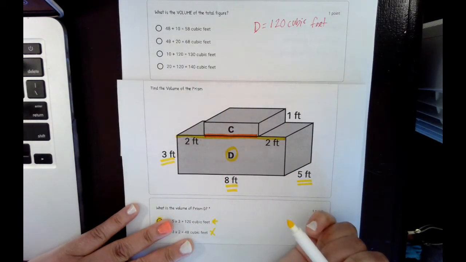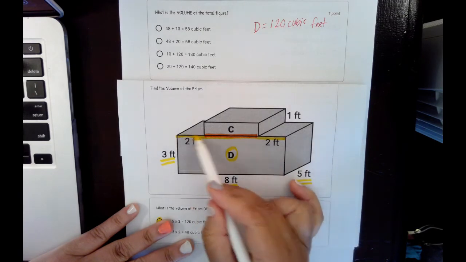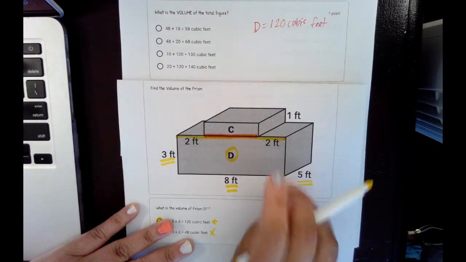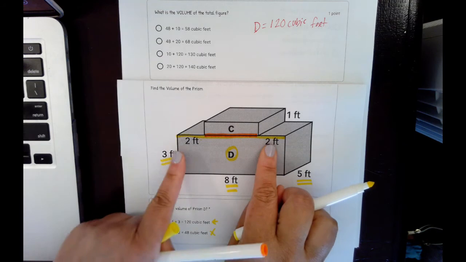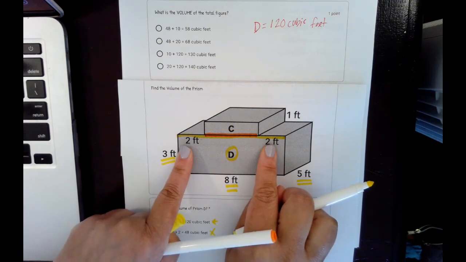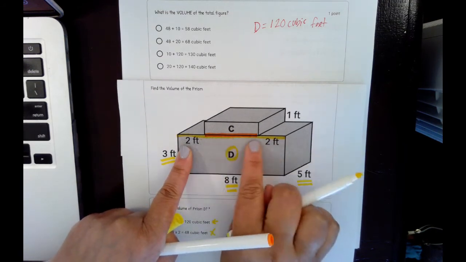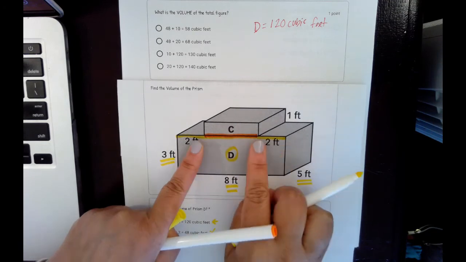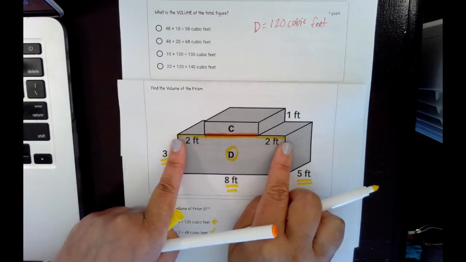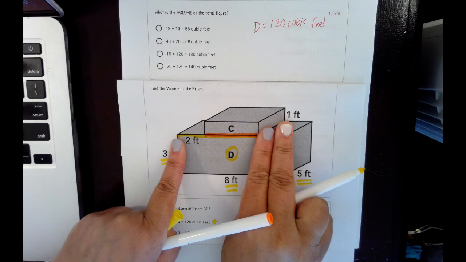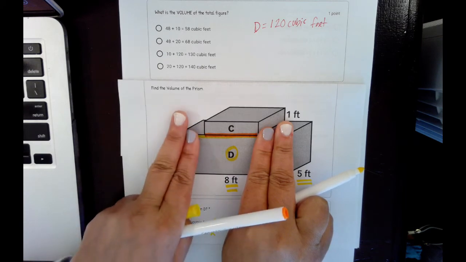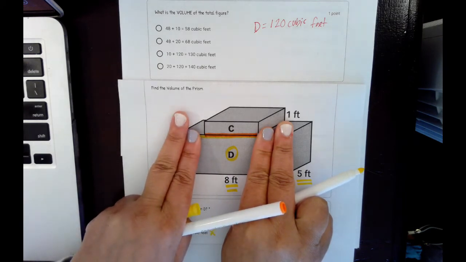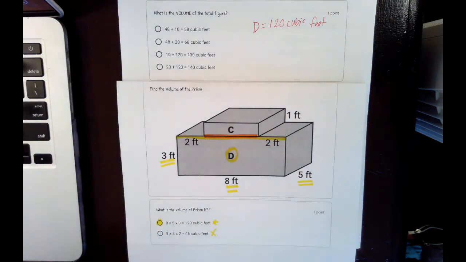Now, if this whole length is 8 feet and we take away 2 feet on this side and 2 feet on this side, what does that make this distance? So it's 8 minus 2, which is 6, minus 2 more. So that makes the length for figure C 4 feet.